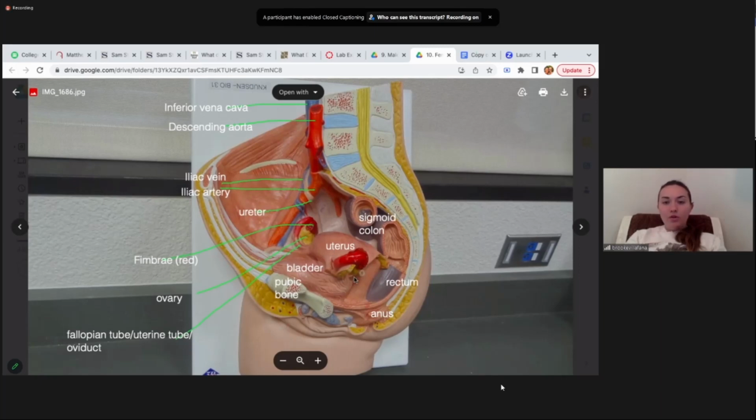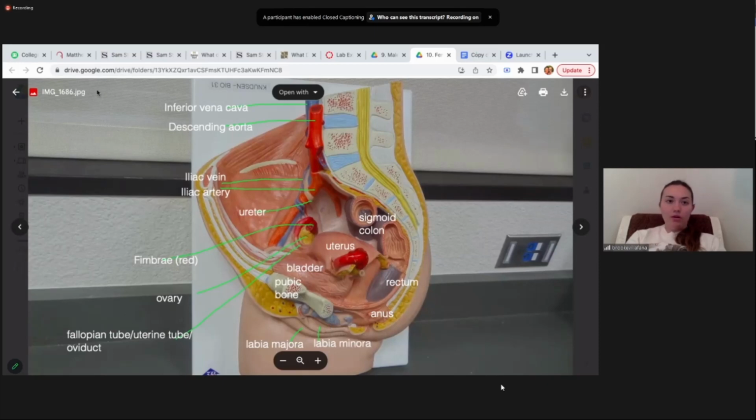Okay, now I'm going to remove this layer in the front and then we'll look inside. There's one last thing we can see pretty well from the outside. You can see the labia majora and then the labia minora. Majora are the ones that grow hair on the outside, and minora, I think the description in the text is the fleshy inner lips.